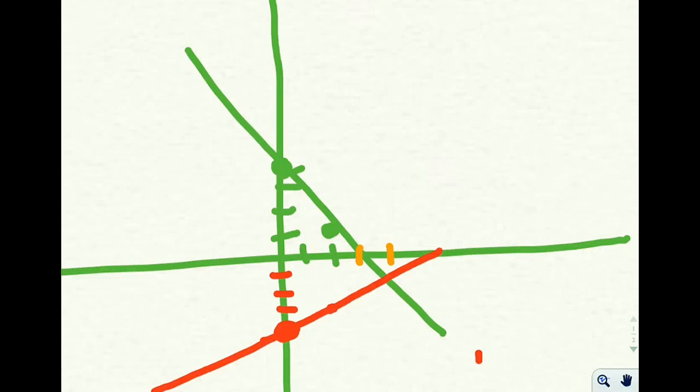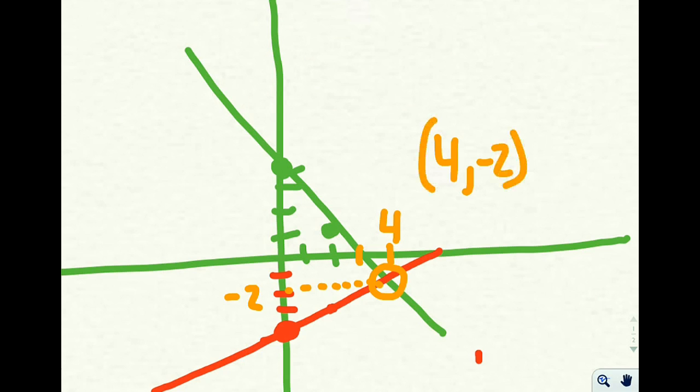So it looks like we go out about 4 where they cross here. And if we bring this back here, it looks like we're around 2 for our y. And I guess it's down 2, so negative 2. So if I had to make a guess, I would say it is the point (4, -2).